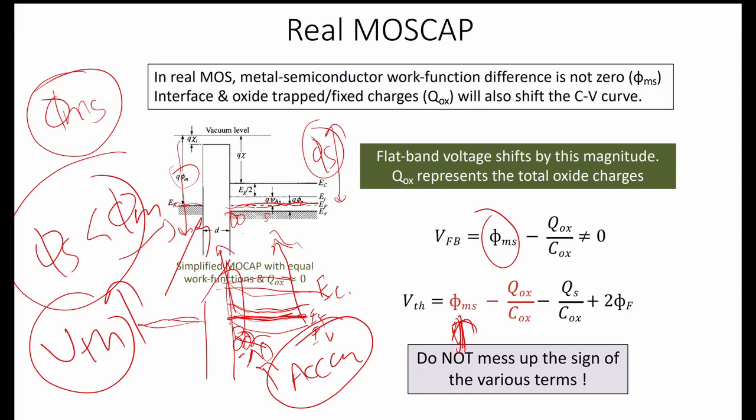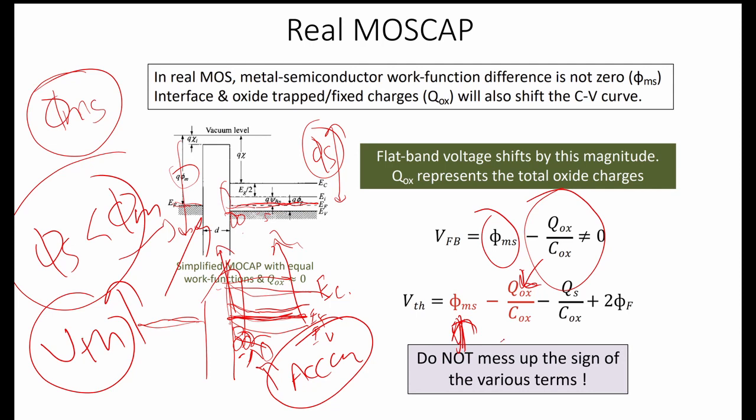And another thing is, there are fixed charges at the interface. To compensate for the fixed charges, we need to apply more voltage. They can be positive or negative, so that can be more voltage or less voltage, depending on the fixed charges q.